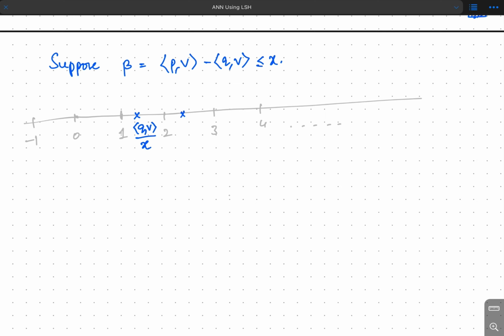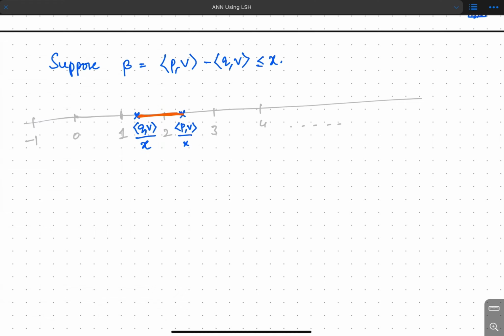It won't cross. So these two cross marks will be within a distance of 1 from each other. Okay, so let's say we can think of this orange thing as a needle.